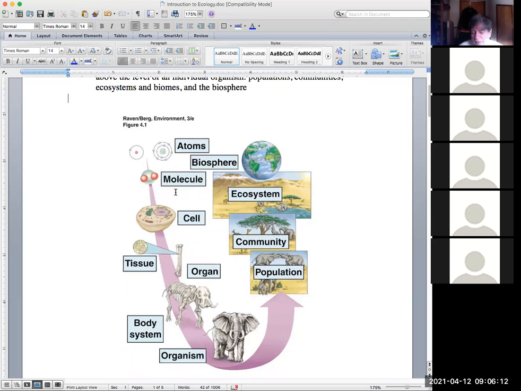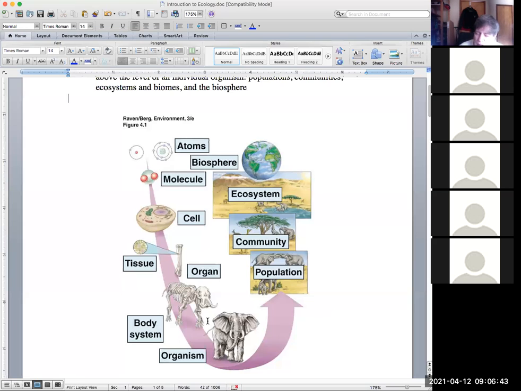So back in 105, we concentrated really on the levels of biology that could be studied up to about the organ level. In this class, if you think back to evolution, we started with populations, and for the last part of the class, as we're studying ecology, when we think of ecology, we typically say that ecology studies the interaction or the relationship between organisms and their environment.